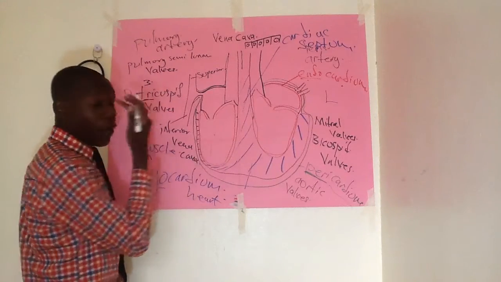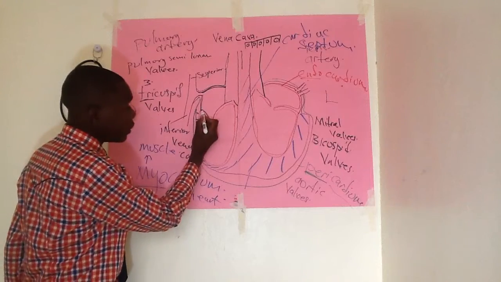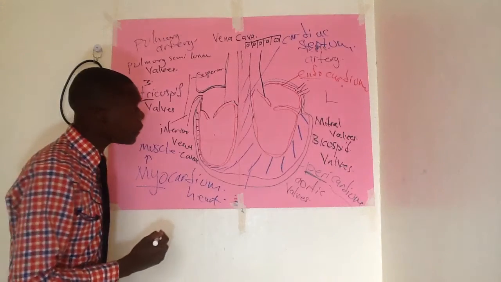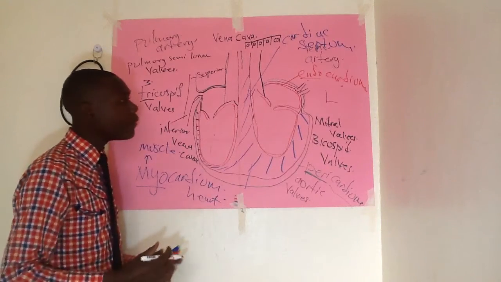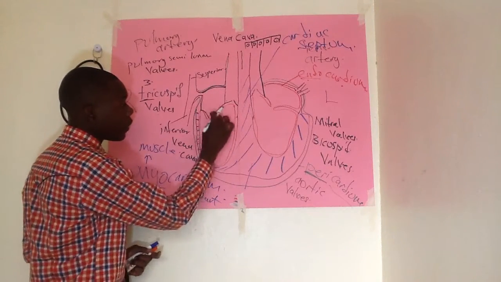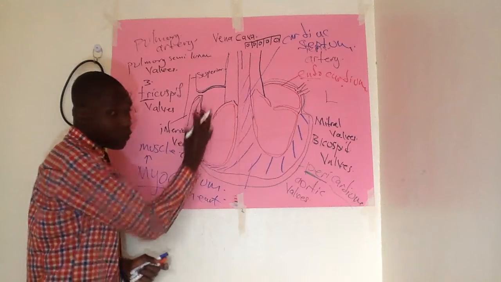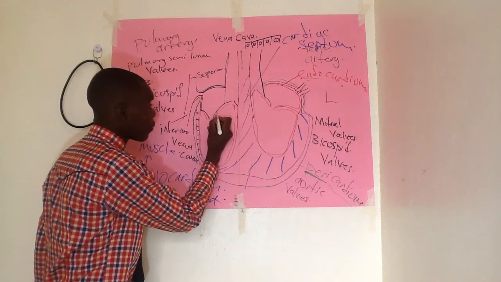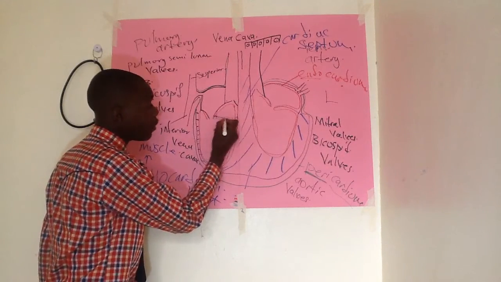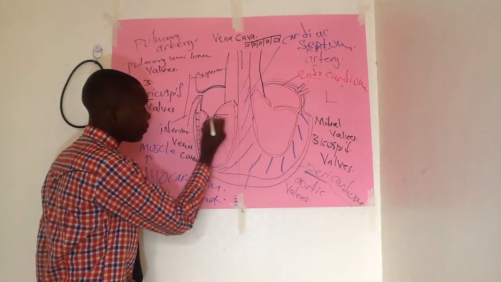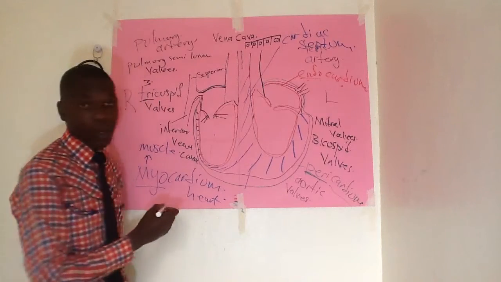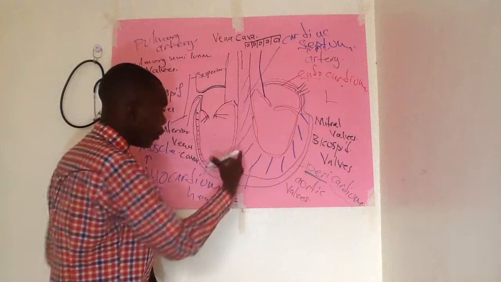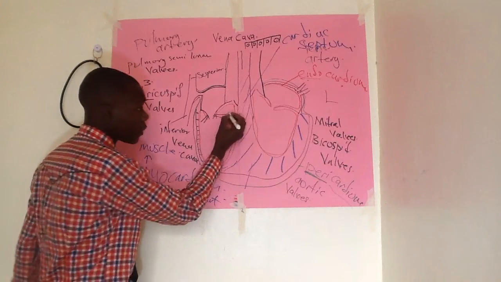Away from that, when you consider our valves, the valves are actually rooted into the walls of the heart by specialized tissue known as tendinous cords. Tendinous cords are attached to papillary muscles which go deep into the walls of the heart.